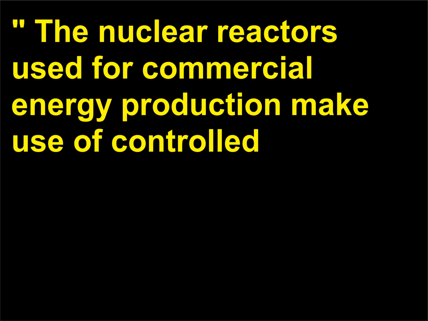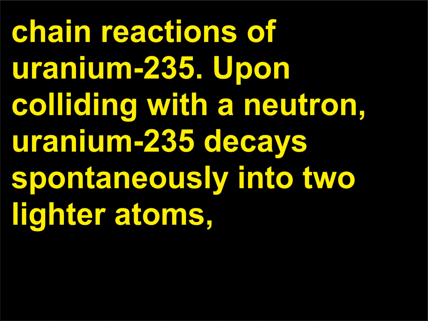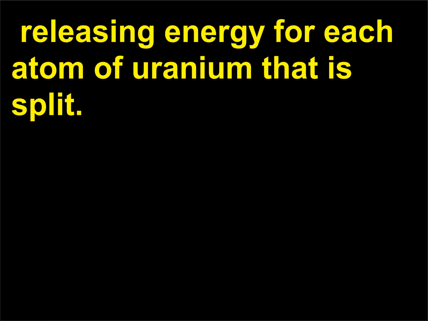The nuclear reactors used for commercial energy production make use of controlled chain reactions of uranium-235. Upon colliding with a neutron, uranium-235 decays spontaneously into two lighter atoms, releasing energy for each atom of uranium that is split.